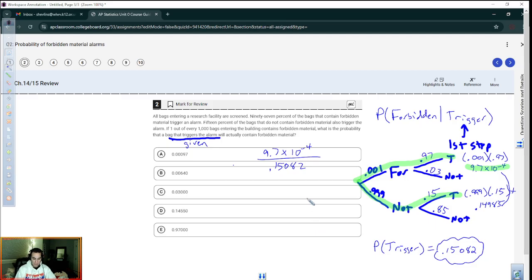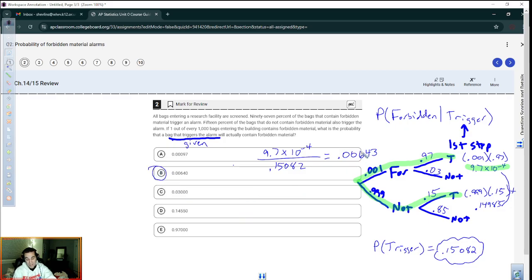So you do that rate divided by the 0.15082, you should get 0.00643. This is a crazy number on this one. So the correct answer is this one.